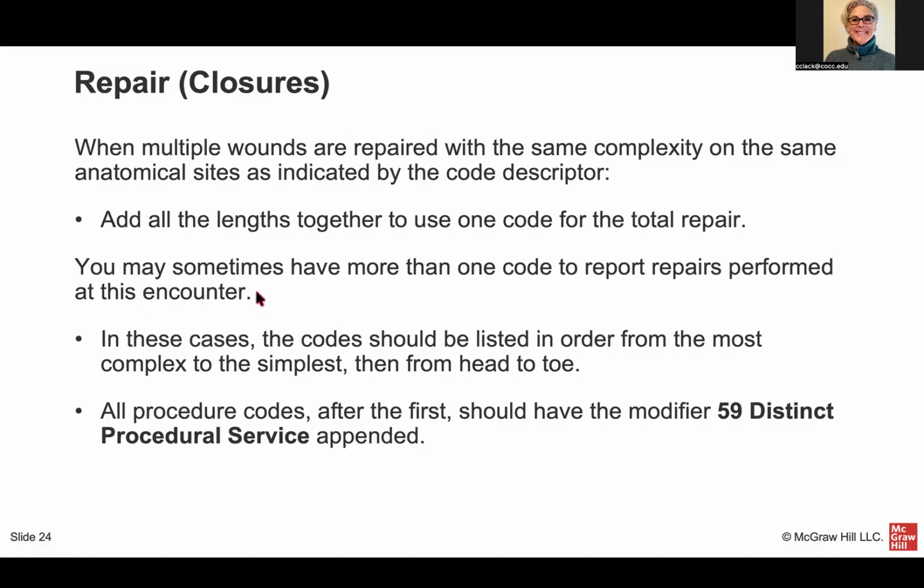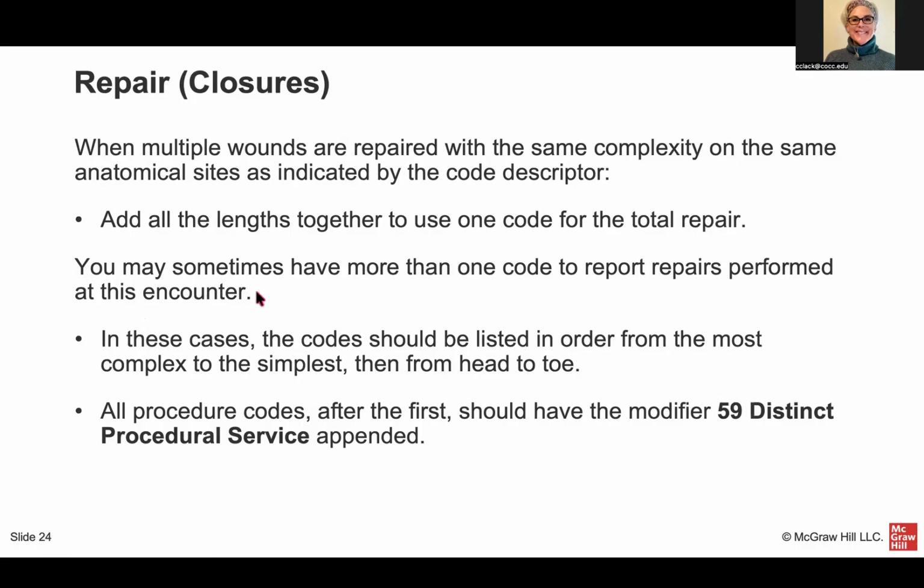Wound repairs or closures are categorized as simple, intermediate, or complex. And when you have multiple wounds repaired at the same encounter, there are specific rules for how to add up and report them. If multiple wounds are repaired with the same level of complexity and on the same anatomical group of sites, add the lengths together and use one code for the total.